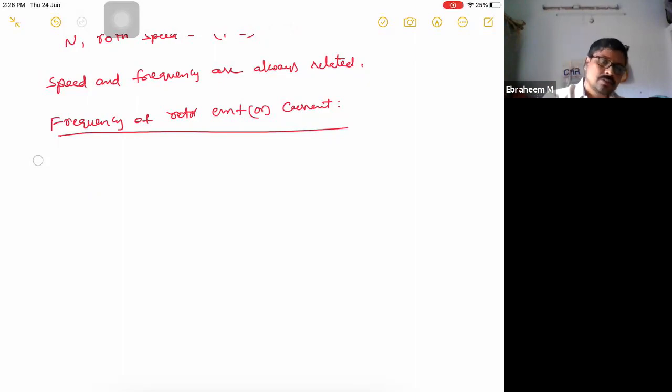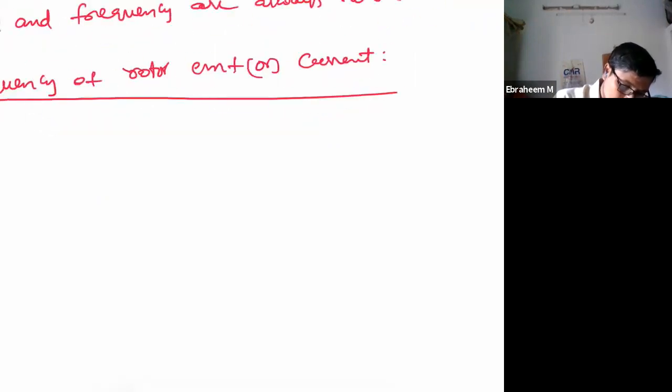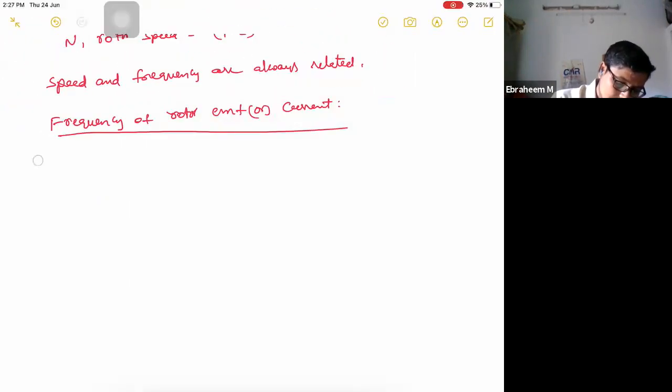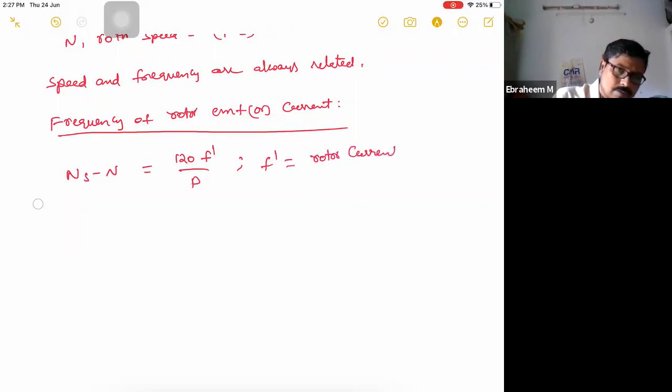Okay, so here the relative speed NS minus N is equal to 120 f dash by P, where f dash is the rotor current frequency, right?